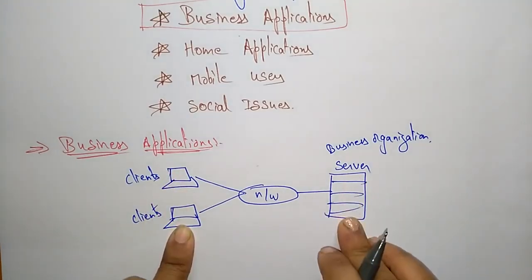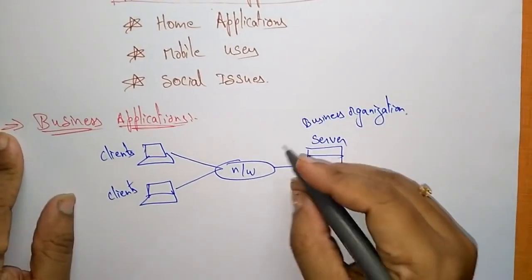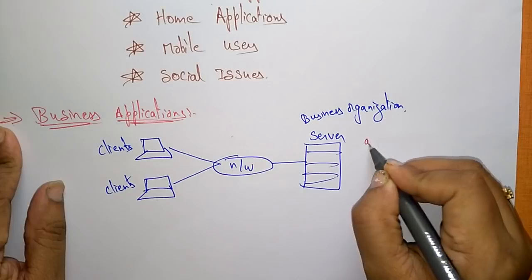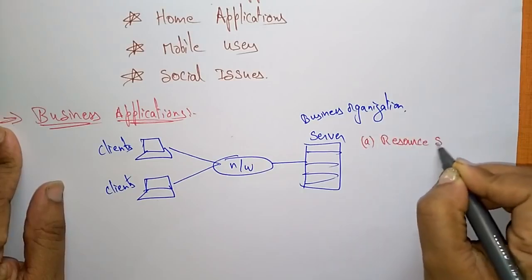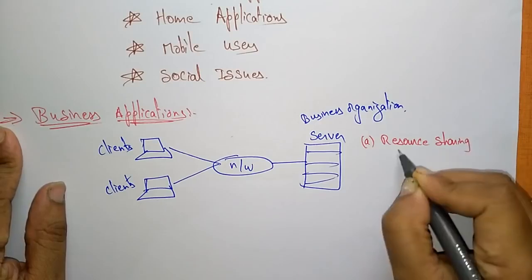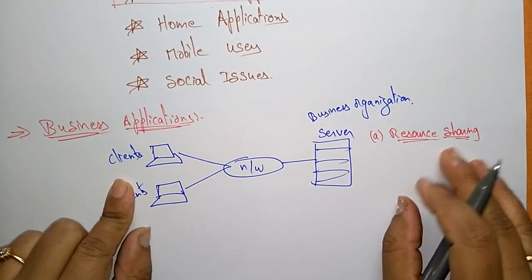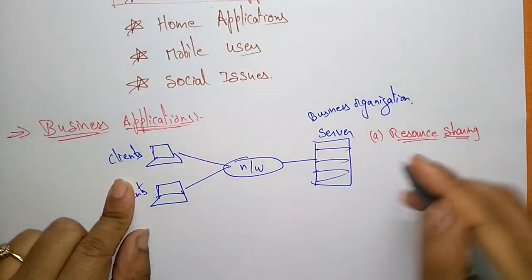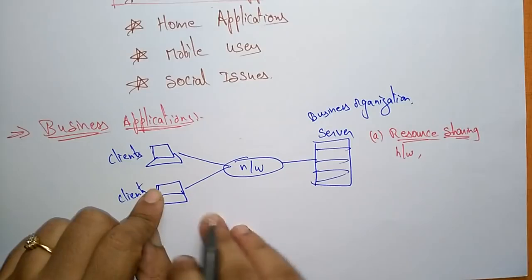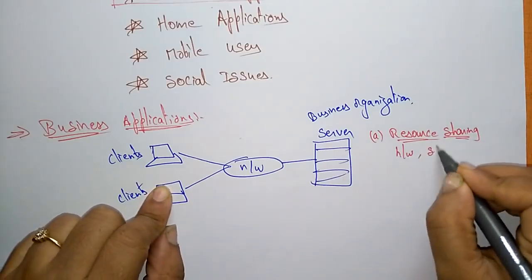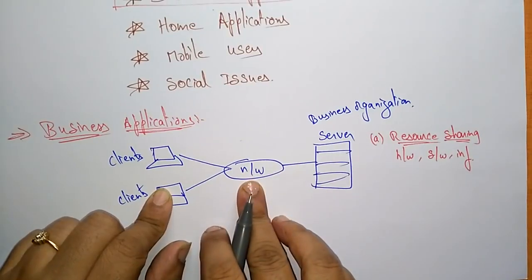Here in the business application, what we are using is resource sharing. How are the resources shared? Here we are sharing the hardware, the server means the hardware, software, and the information. So everything is shared here.